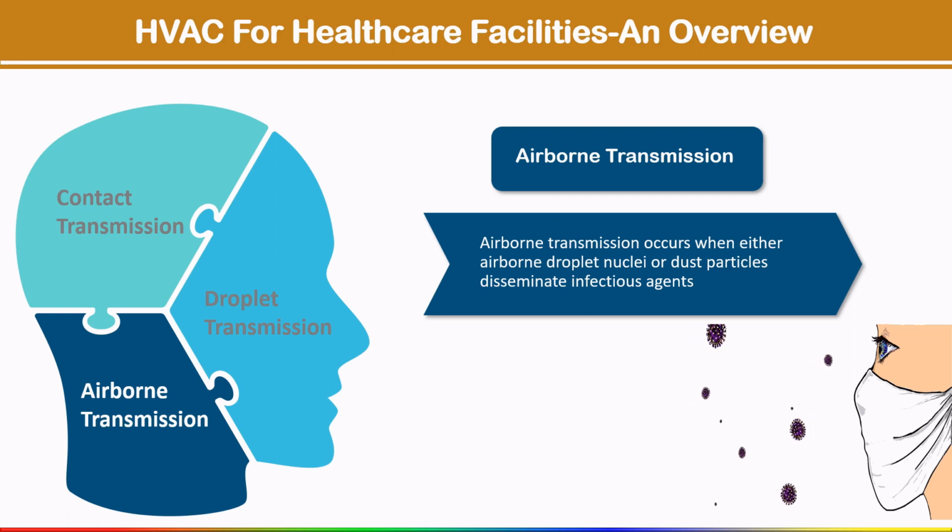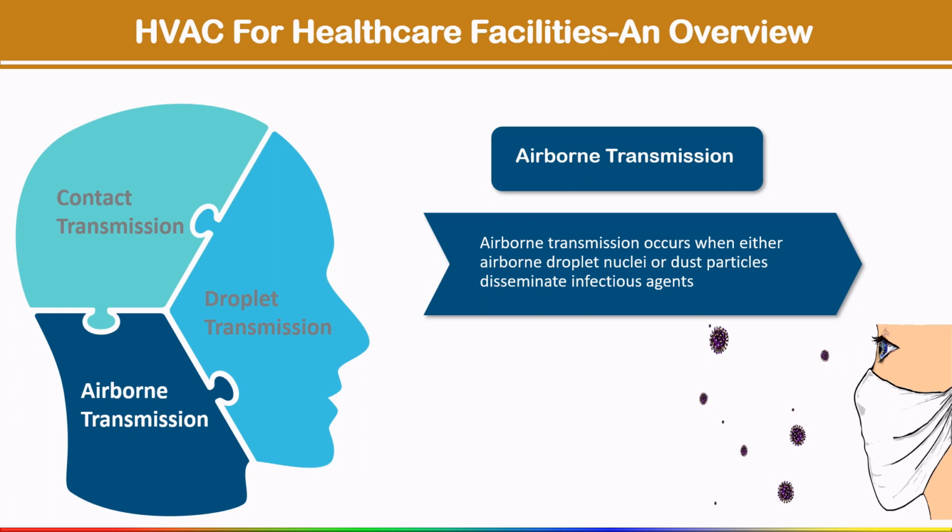Now the next one: airborne transmission occurs when either airborne droplet nuclei or dust particles disseminate infectious agents. Dust contaminated by viable infectious agents may build up as a reservoir capable of causing an outbreak of infection, even after the departure of the infectious patient from whom the pathogens originated.